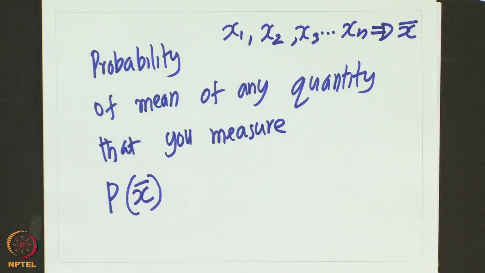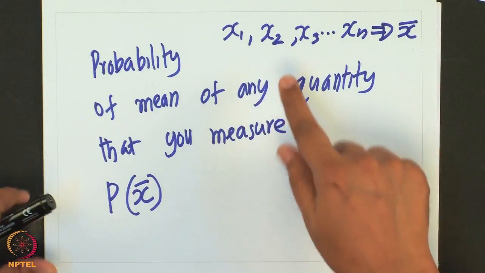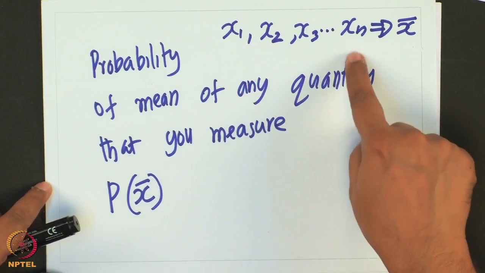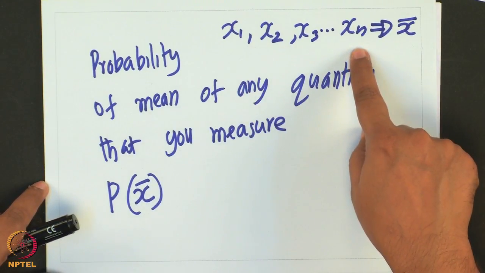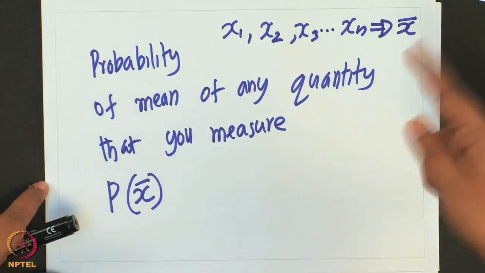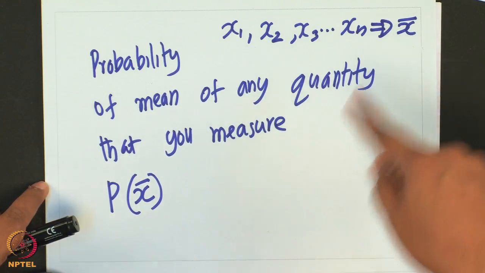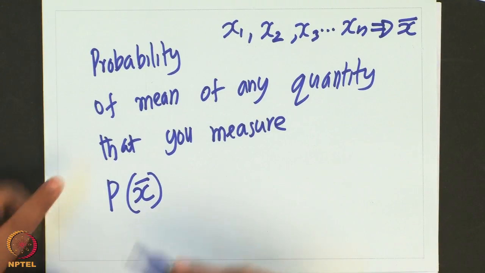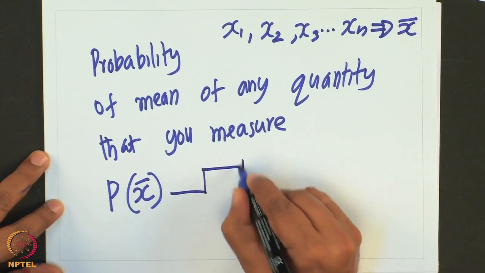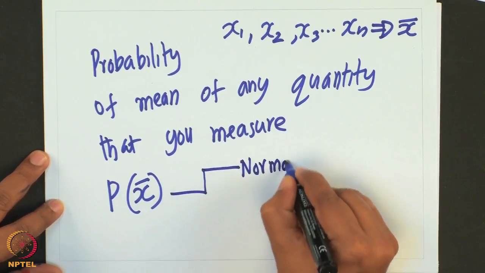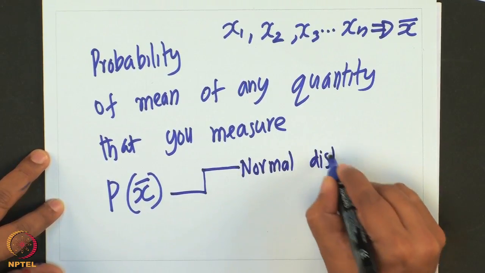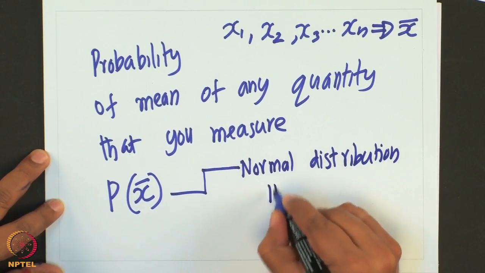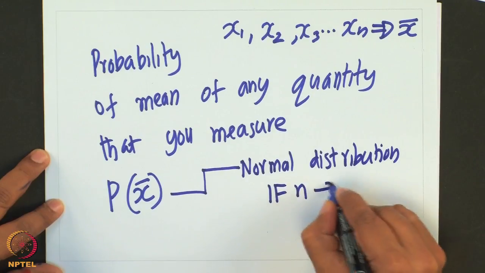If you repeat this experiment many times, let us say 100, many different people do this measurement n times, and we repeat this measurement and then calculate x bar. Many people can calculate x bar, and if we plot all these x bars, you would get a normal distribution, and the assumption is that n is very large.